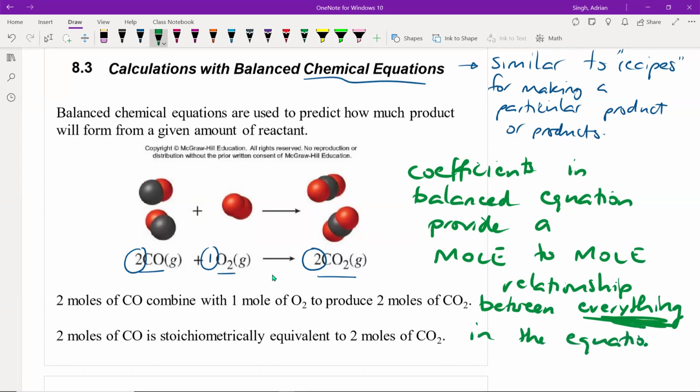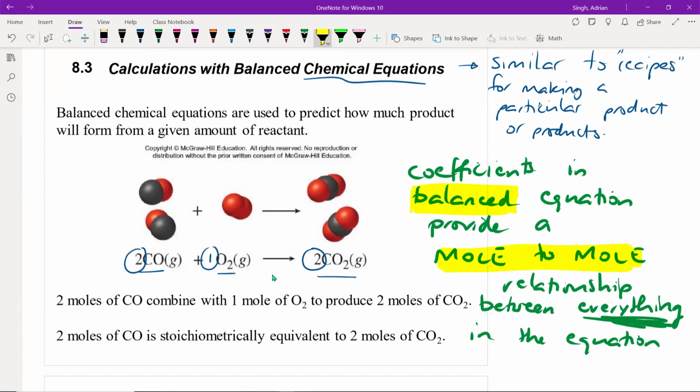There are two things I want to stress in this statement here in green. The first thing is that your equation needs to be balanced. That's really, really critical, and why we spent a decent amount of time going through how we balance equations. The second thing is that it provides a mole to mole relationship between everything in that equation.